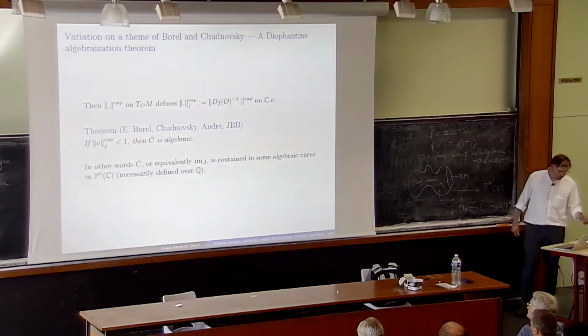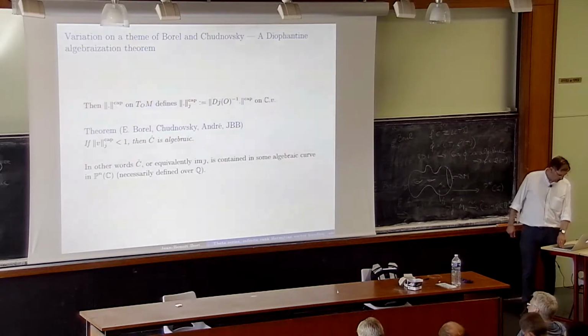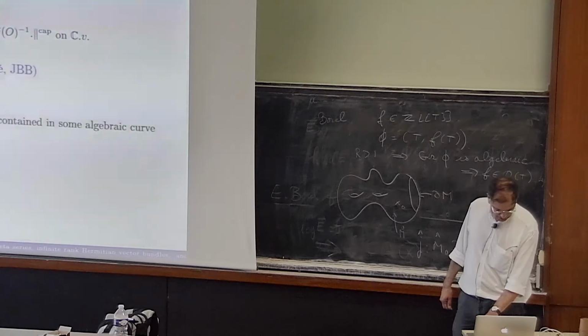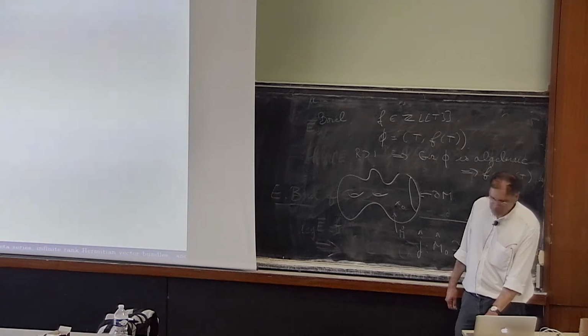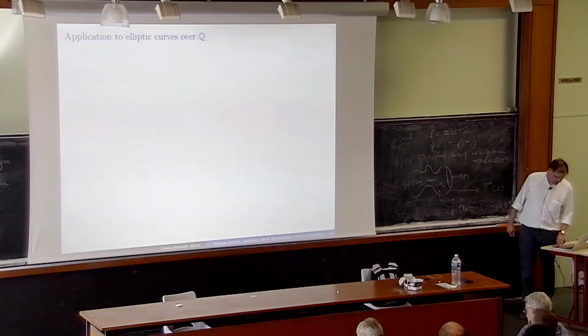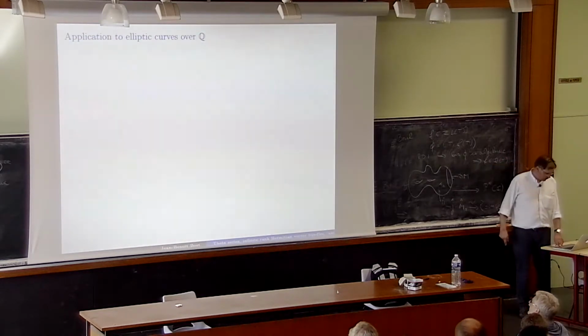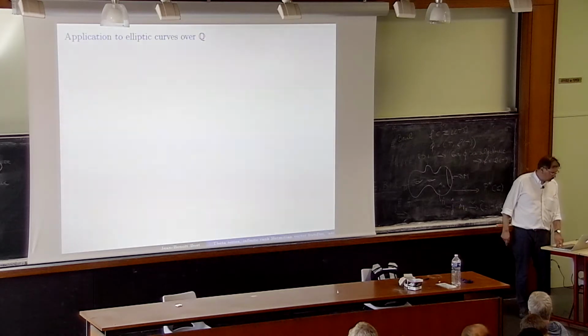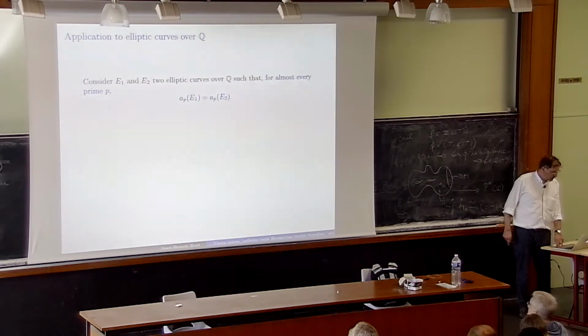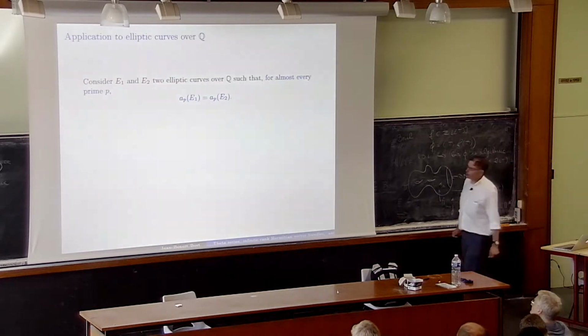Of course, there are many classical approaches by various people, Chudnovsky and Yves André and myself. And maybe before I say that, I will only say that this result in its full generality is more interesting than the whole result of Borel itself. For instance, you may apply it to elliptic curves.